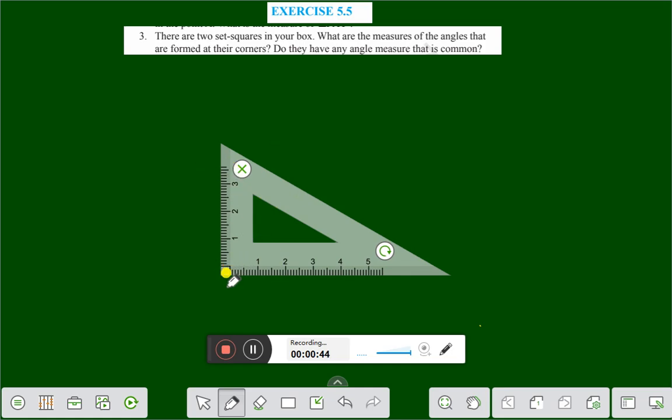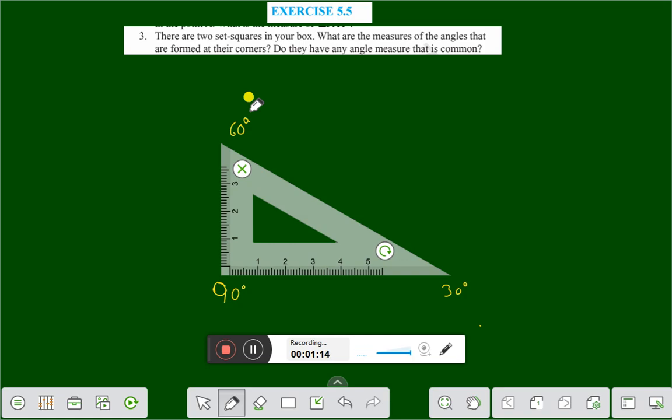That means this angle is 90 degree, this angle is 90 degree, and this is 30 degree, and this is 60 degree, right? This is known as the 90, 30, 60 set square.